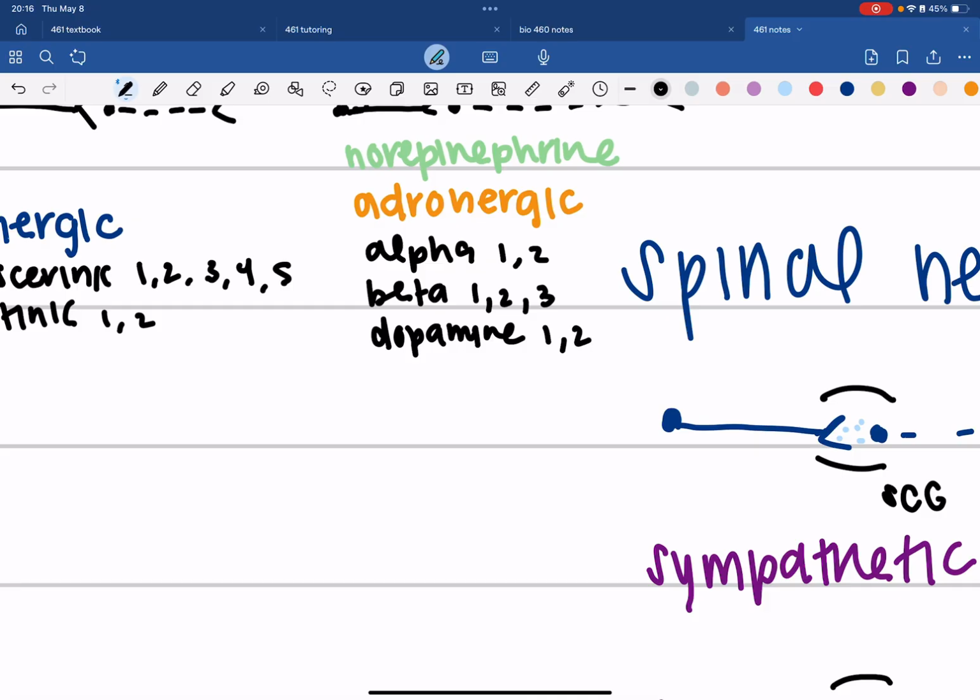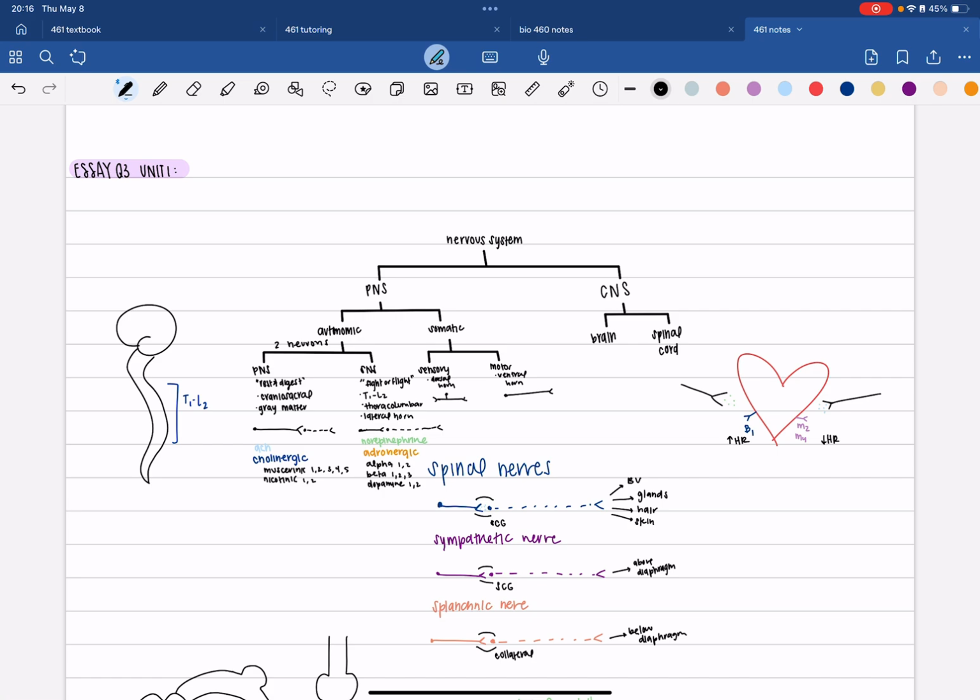What's cool is that ones are usually always excitatory, so increasing a sympathetic response, and then evens are inhibitory or causing a parasympathetic response, and that always changes because inhibitory can mean a couple different things. Like if you're inhibiting a muscle, it looks different, right? But if you're exciting a muscle, it's contracting. So we classify some of those differently, but that's what that looks like.